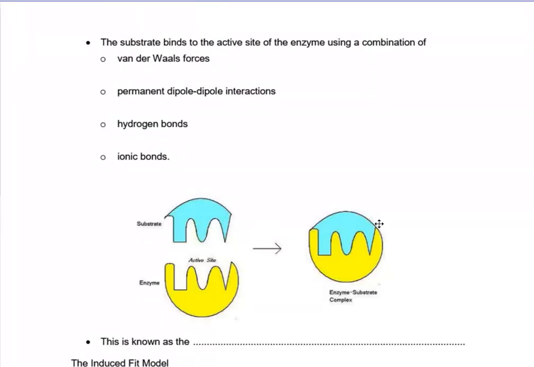Substrates bind to the active site in a number of different ways. They involve intermolecular forces and ionic bonds. The diagram shows the lock and key hypothesis, where the substrate and enzyme have complementary shapes and they fit together perfectly.